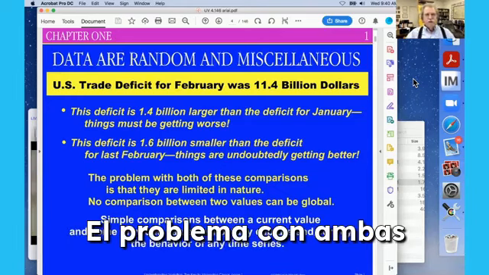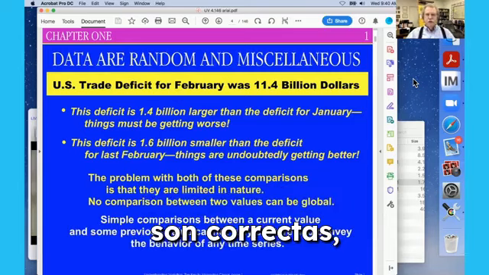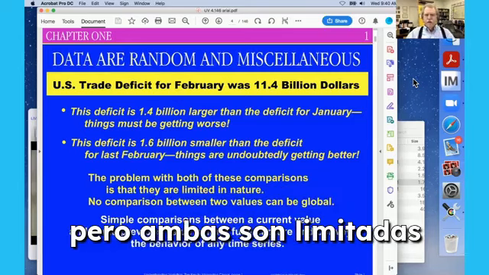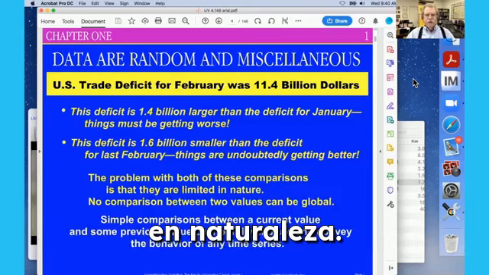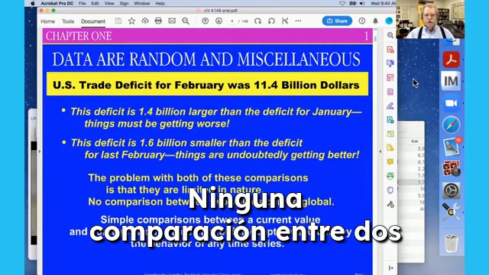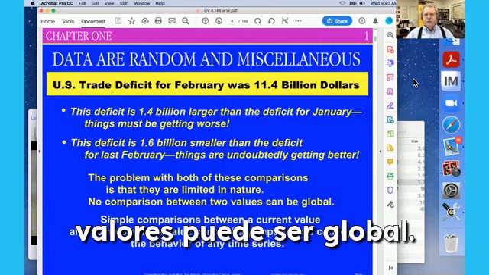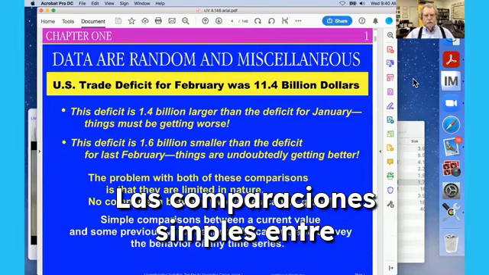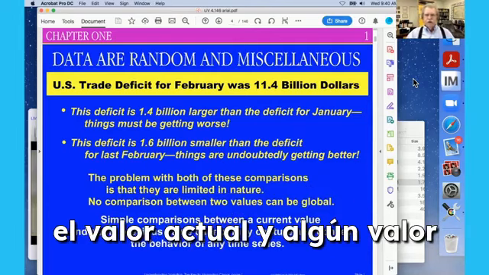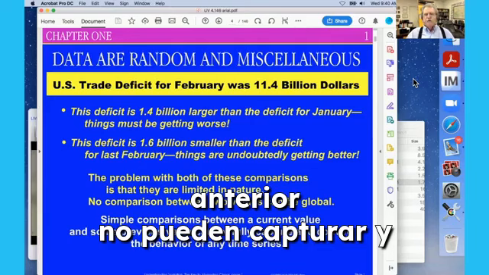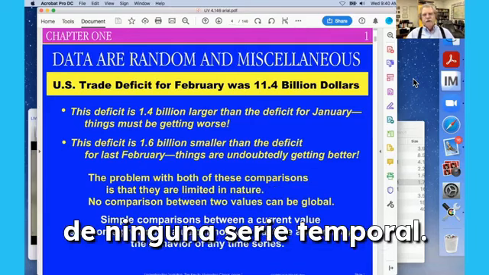The problem with both of these comparisons is that they're both correct, but they're both limited in nature. No comparison between two values can be global. Simple comparisons between the current value and some previous value cannot capture and convey the behavior of any time series.